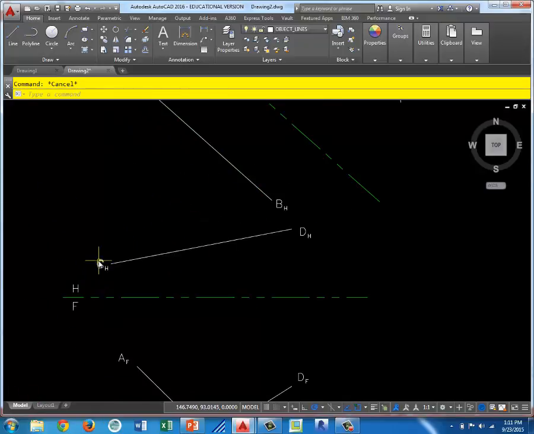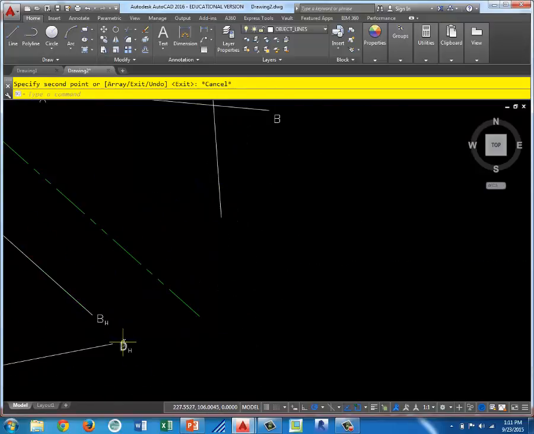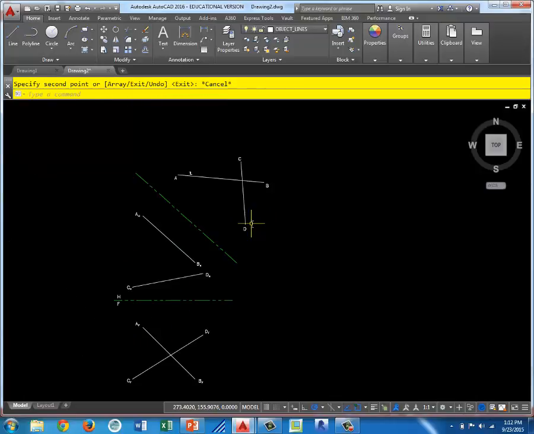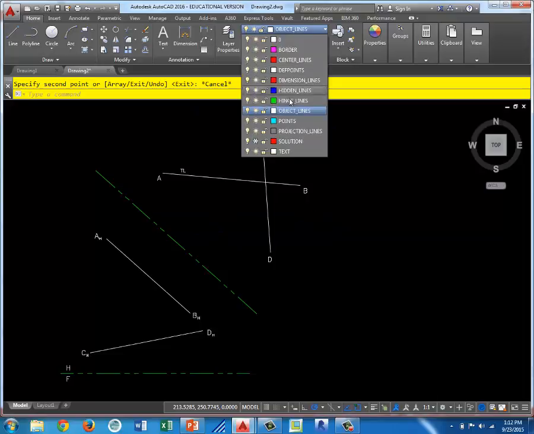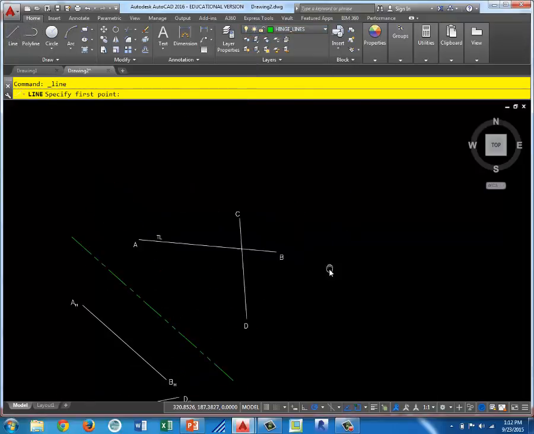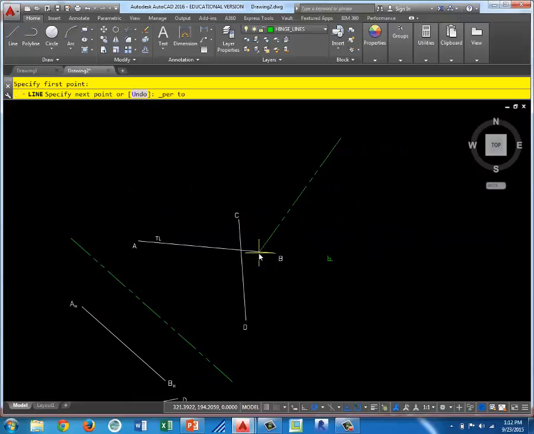All right, and again, I'm going to copy some labels over. All right, so AB is my true length line. So in my next view, I'm going to go perpendicular to AB. So once more, I'm going to draw a hinge line here, perpendicular to AB.